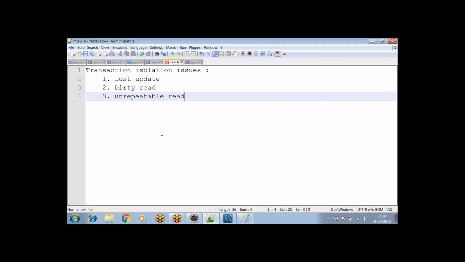So how is it possible that a transaction reading a row twice gets different results both times? That means it gets a different state each time. First it reads and gets some data from the row. If it reads twice, the data is different each time. So how is it possible?